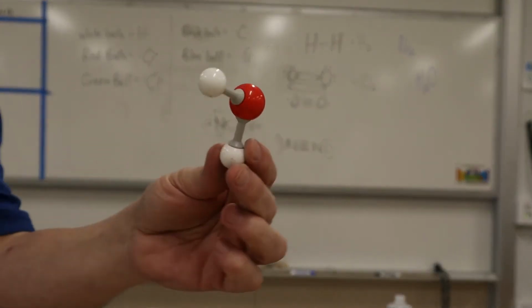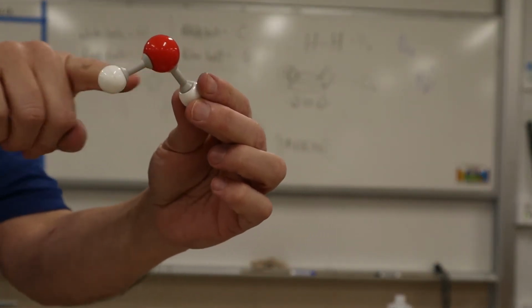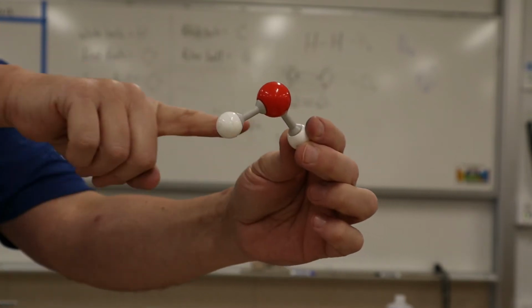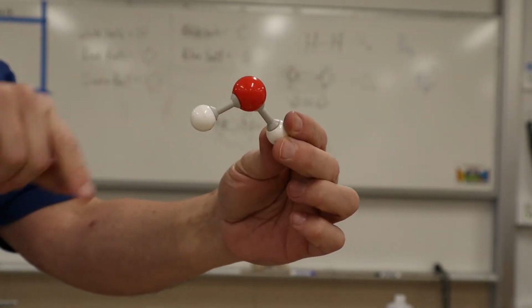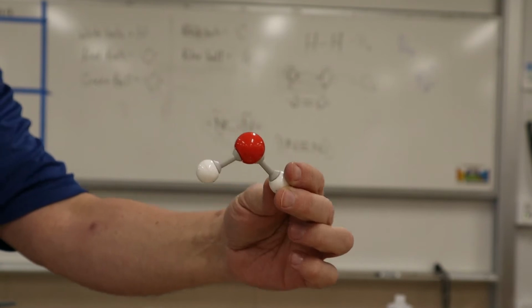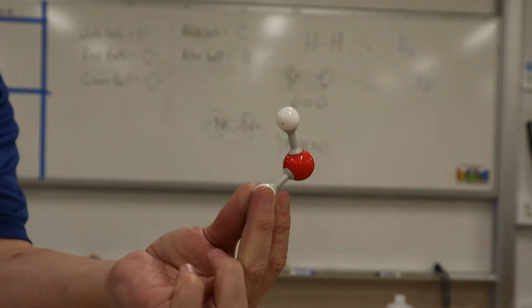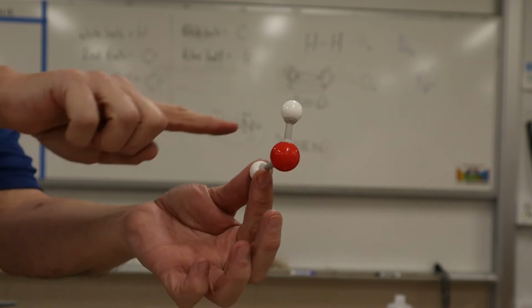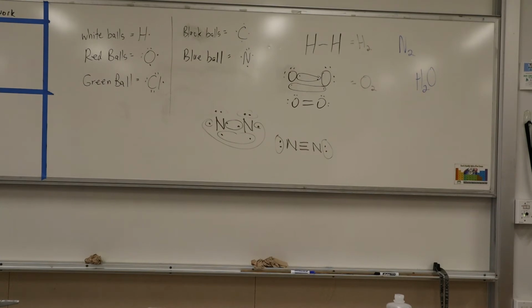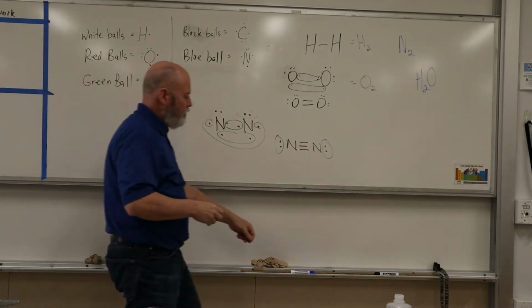Okay, H2O. So you've got 2 H's attached to an oxygen, and water has what is called an angular shape, or bent. We'll talk about that in class, but that's water right there, H2O. If you can see, all the holes are filled. Now let's draw it up here real quick.